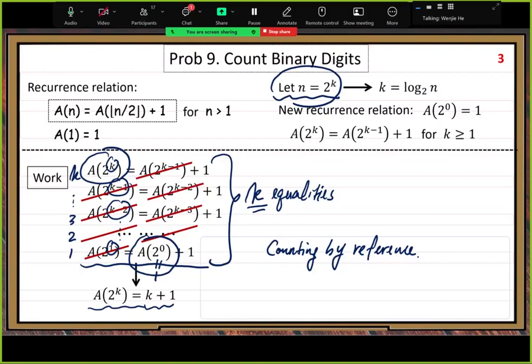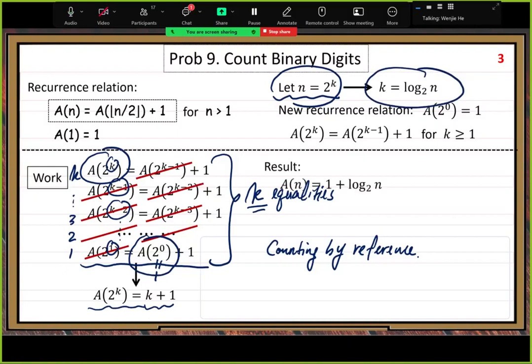It's not the final variable we want to use in our final formula. So you need to go back to the n expression. On the left-hand side, just a of n. On the right-hand side, you should replace k by log base 2 of n, right?